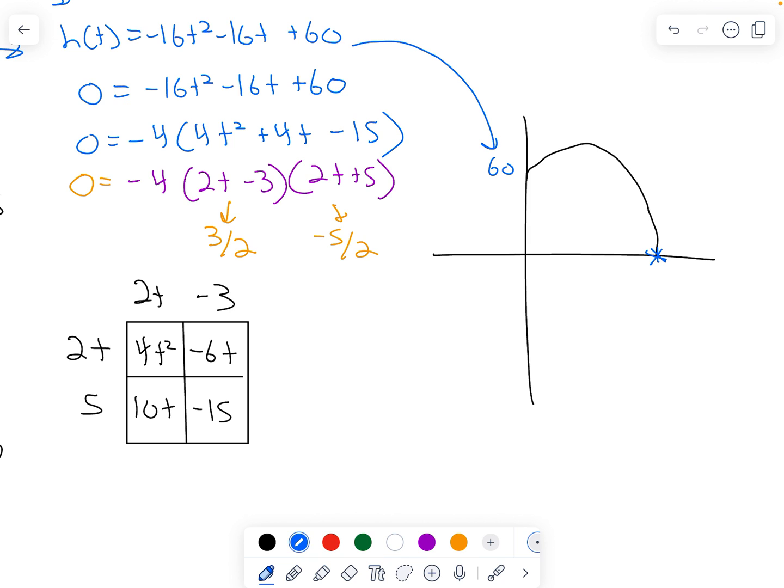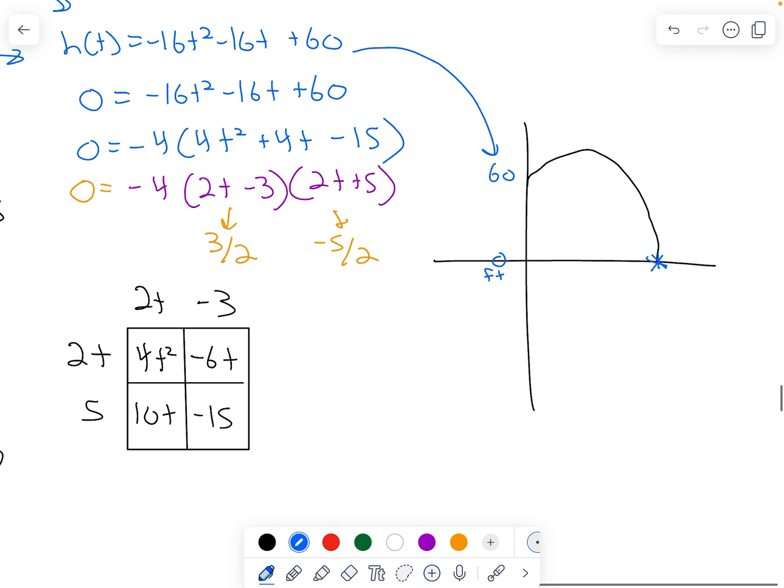It's going to hit the water at a height of 0 feet. And it's going to do so in 3 halves, or in 1.5 seconds.